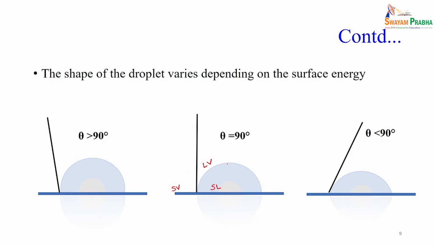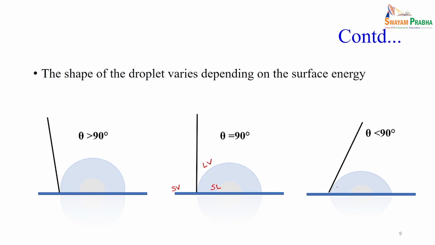So, depending on the value of these three interfacial tensions, there will be formation of different drop shapes, and different drop shapes mean different contact angles. This is just one example that although there is a formation of the shape, the shape varies depending on the individual value of surface tension or interfacial tension.